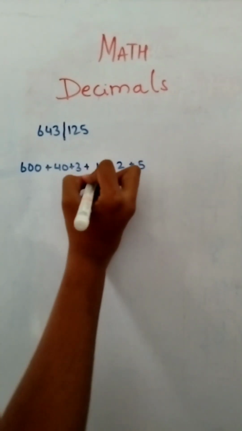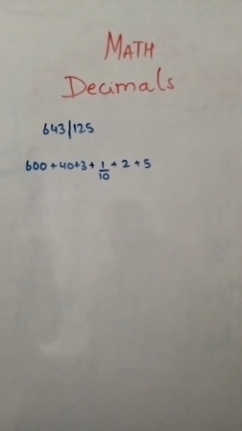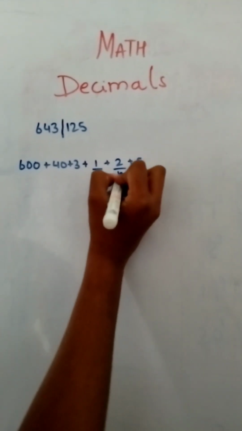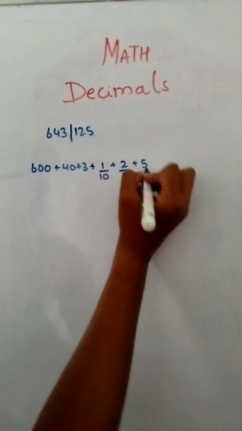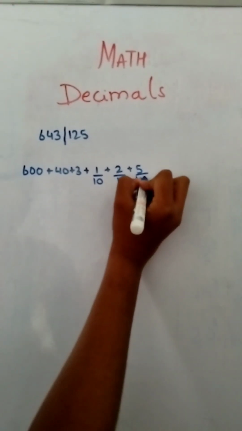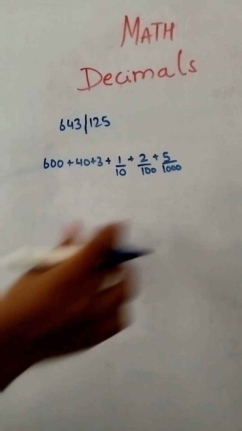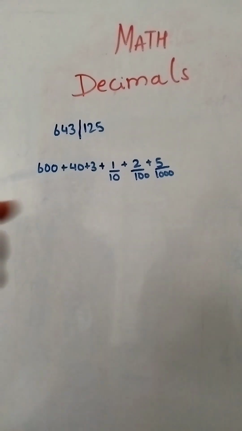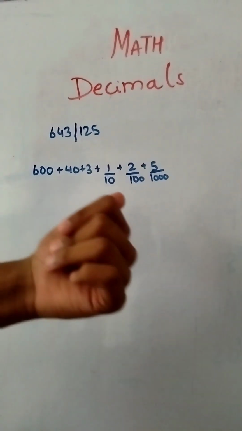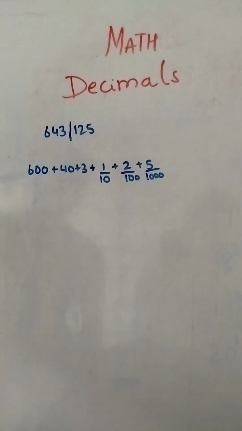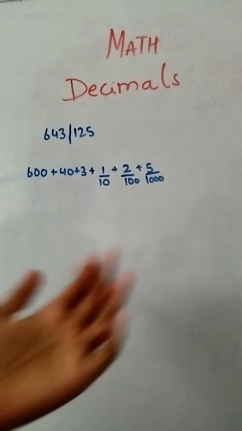Then divide each of these numbers by a certain power of 10 going upwards. That is 10 to the power 1, 10 to the power 2, that is 100, and 10 to the power 3. But remember to not physically write 10 to the power 3 or anything, just write the number itself. So this is what it is called, and this is the easiest way I have found to divide a decimal number and write it into its parts.